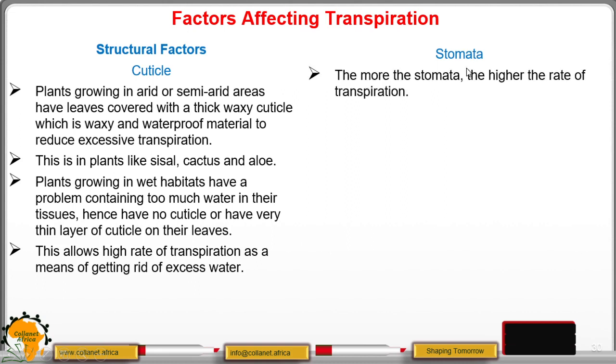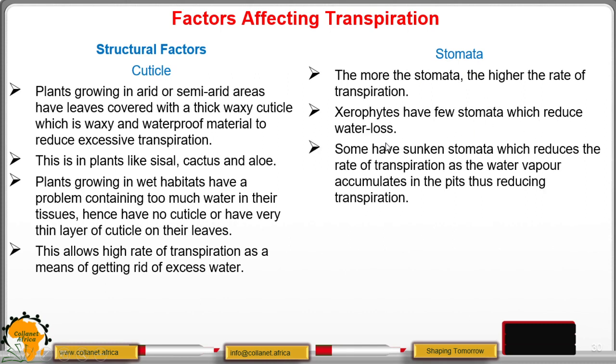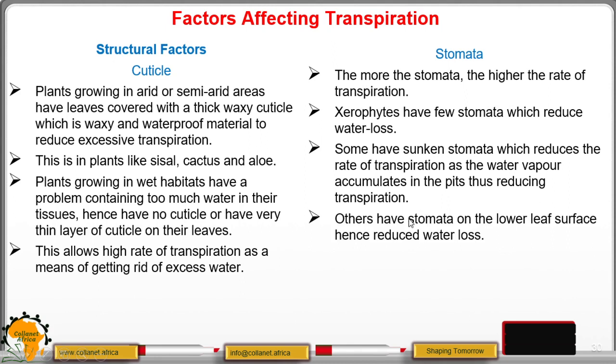The other one is stomata, and the more the stomata, the higher the rate of transpiration. So those plants growing in dry areas are called xerophytes, and they have few stomata to reduce excess water loss. These xerophytes also have sunken stomata to reduce the rate of transpiration as the water vapor accumulates in the pits, thus reducing transpiration.